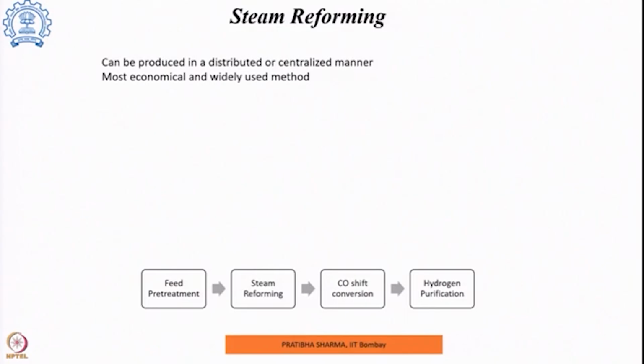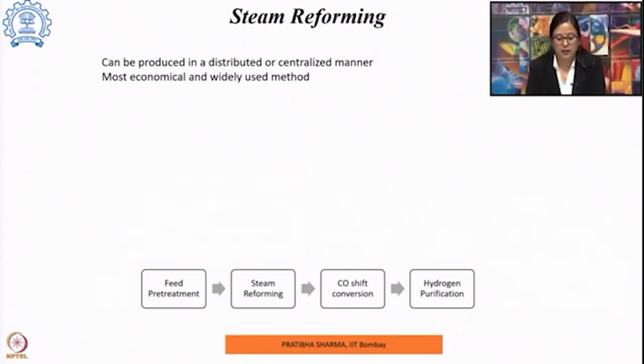Now, let us start with the steam reforming process for hydrogen production. Now, this steam reforming, as the name itself suggests, steam is used as oxidant. This process can be used either in a distributed manner or a centralized manner.